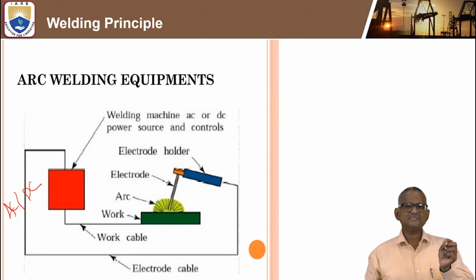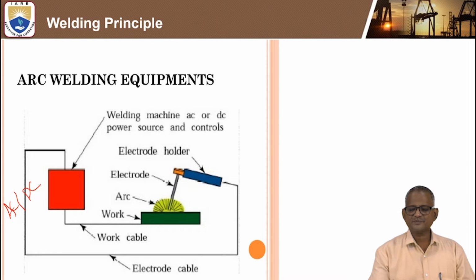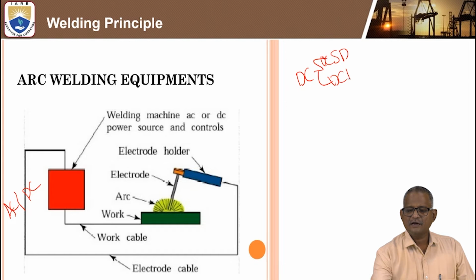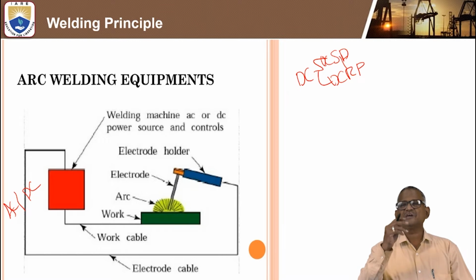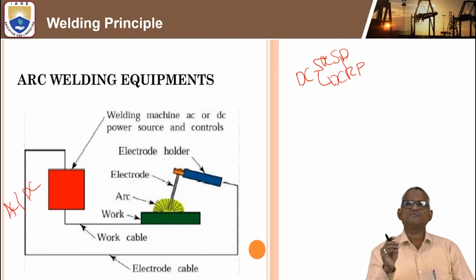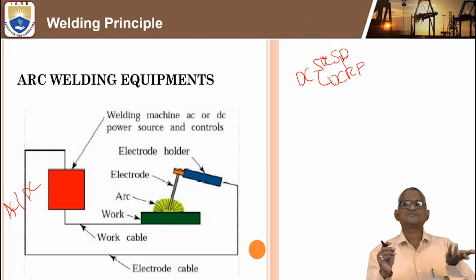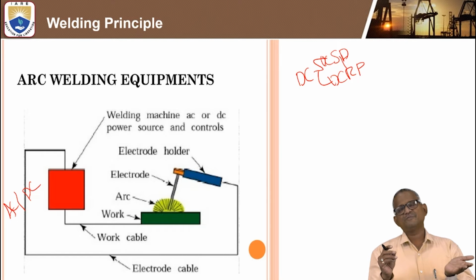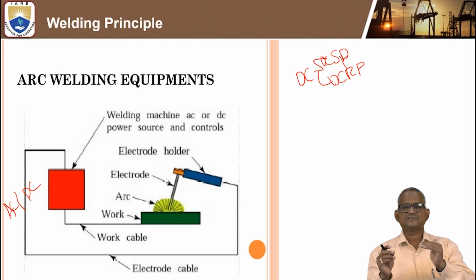DC means DC straight polarity (DCSP) and reverse polarity (DCRP), depending on whether the workpiece or the electrode is connected positive or negative. In straight polarity, the workpiece is connected positive and the electrode negative; in reverse polarity, the workpiece is negative and the electrode positive.